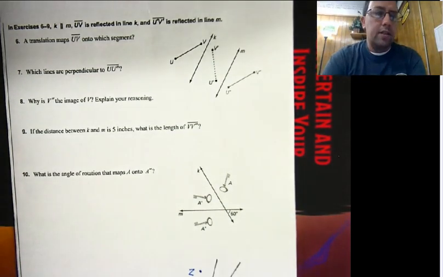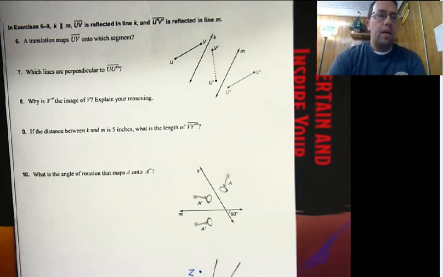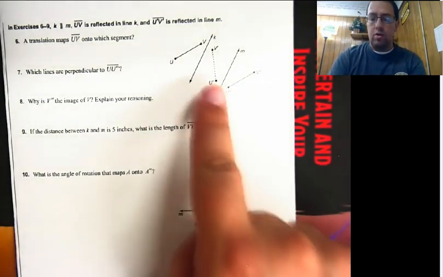In exercises 6 through 9, line K is parallel to line M, and we want to reflect line UV in line K, and then reflect line U prime V prime in line M. So these two are reflections.